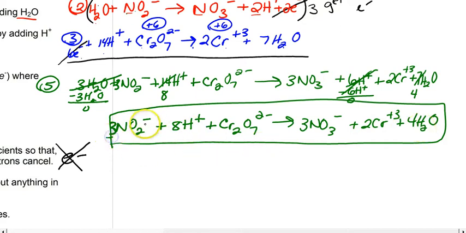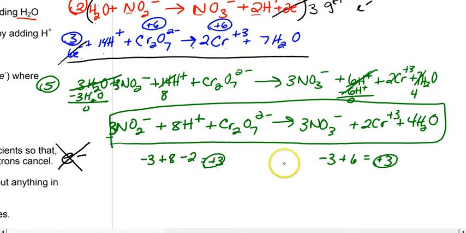I have 3 with the -1, so it's -3, plus 8, because of my positive there, that's +5... over here I have -3, plus 6. Okay, so this side totals +3. This side totals +3. My charge is balanced. Awesome. This is the correct answer. And I know I'm right.